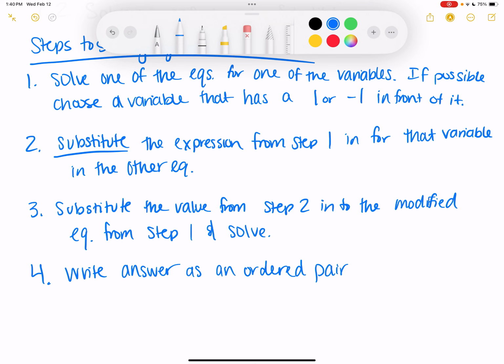And just like we could check the point that we got in section 1, we can do that again here the same way. I probably won't show that again, but just know that you can check them just like we could with the graphing ones.